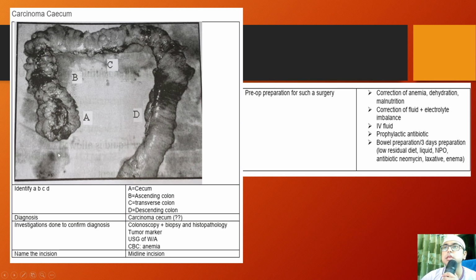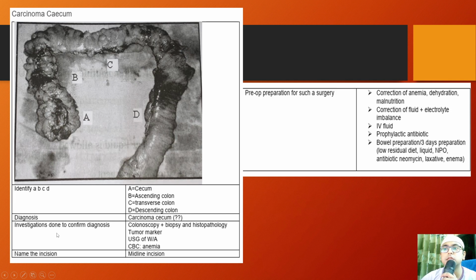Okay, we can see this is the transverse colon, ascending colon, descending colon. So this is the specimen of colon. You can see there is a lesion in the cecum. So this is the cecum, part of the colon, and here there is a lesion in the cecum. It's called a tumor.